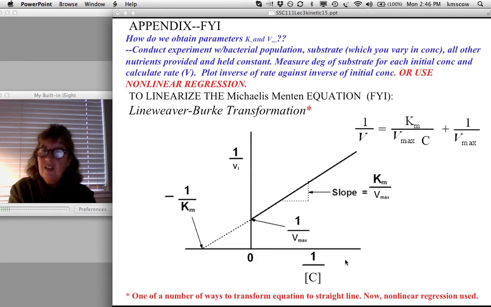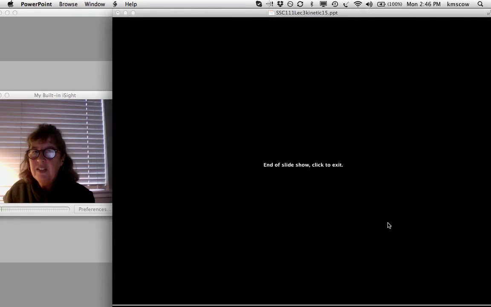Some of you may still do the Lineweaver-Burk transformation, these ways that people manipulated equations to be able to get straight lines because we didn't have nonlinear techniques to be able to get rate constants from these relationships between concentration and rates. Now it's much more straightforward. Excel can just determine those for you without having to linearize these equations. So this is just for your interest.